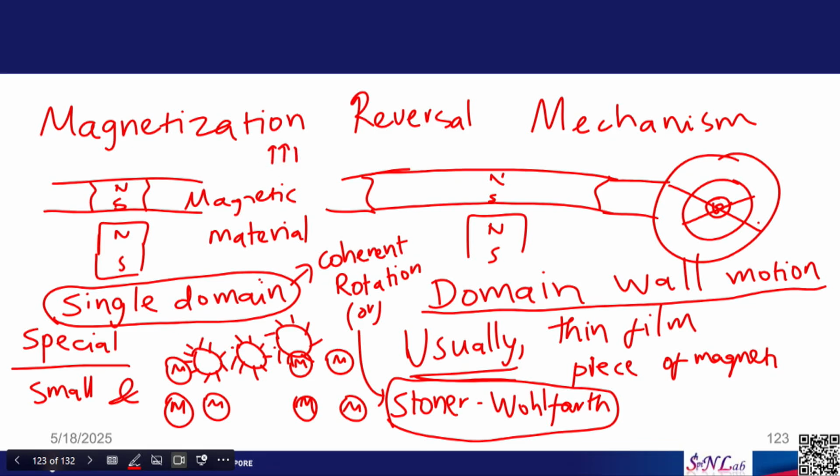So, the spins are all parallel because it is a ferromagnetic particle, and as you apply field, these spins will reverse together in phase. Okay, they will act as one, they will switch together. Okay, that is coherent rotation or Stoner-Wohlfarth reversal mechanism.